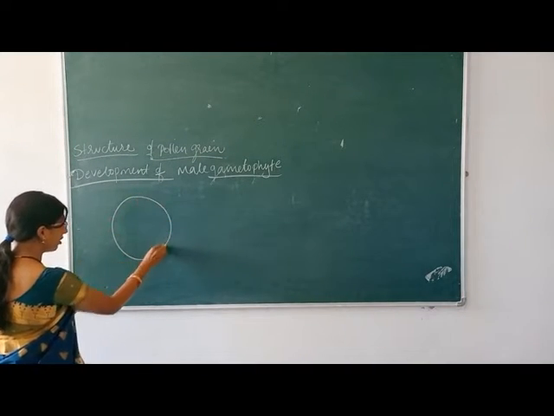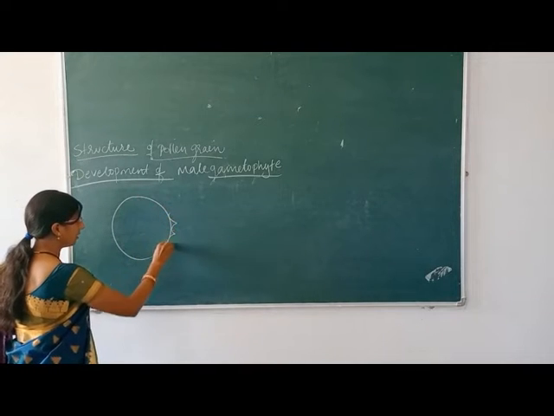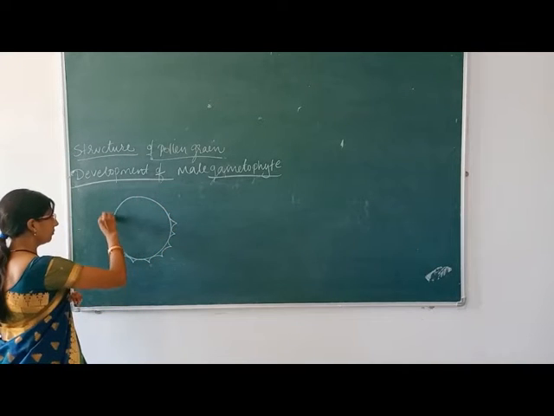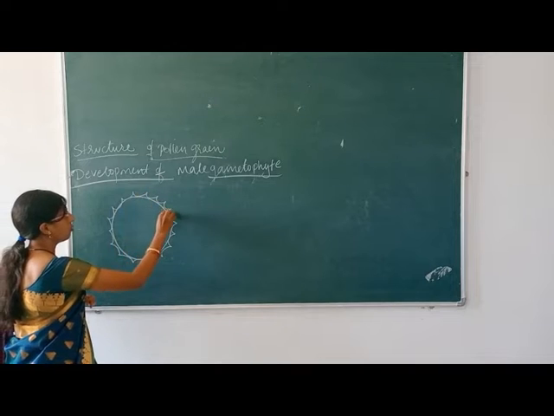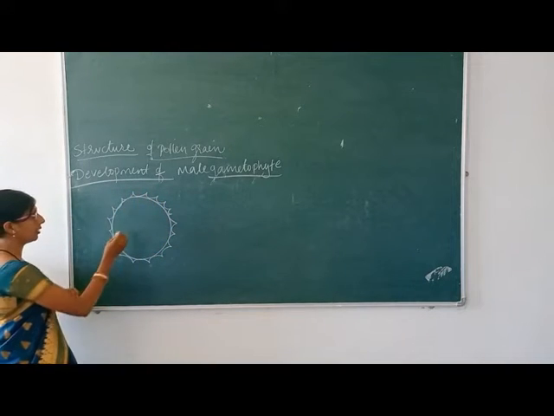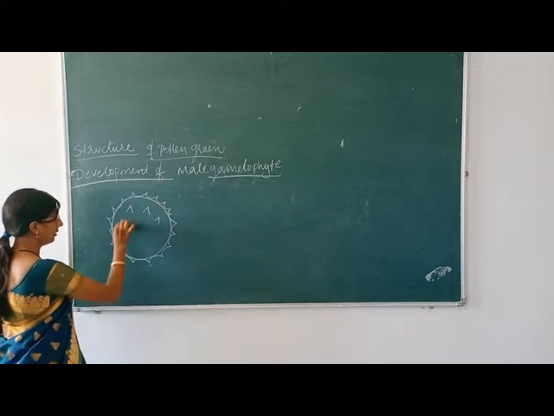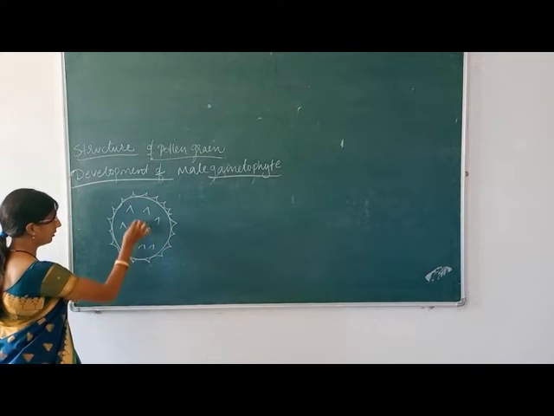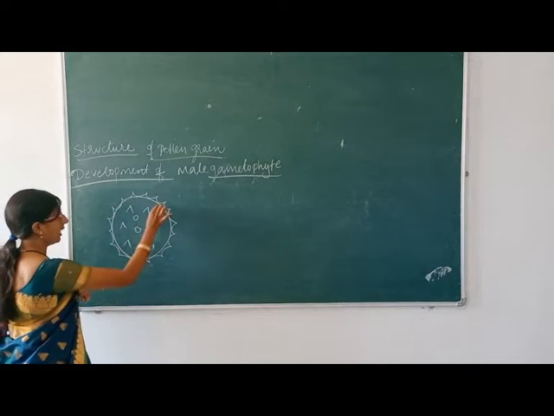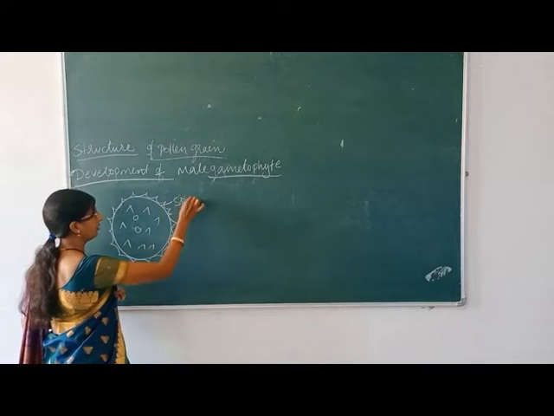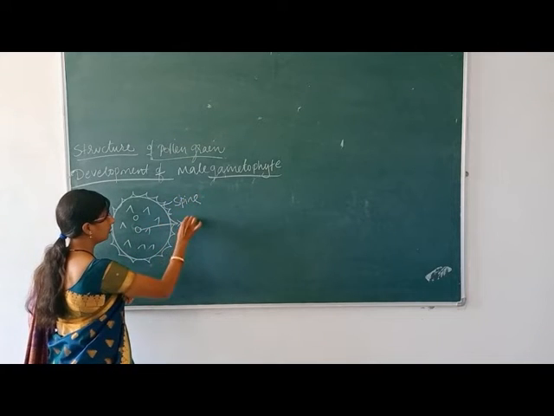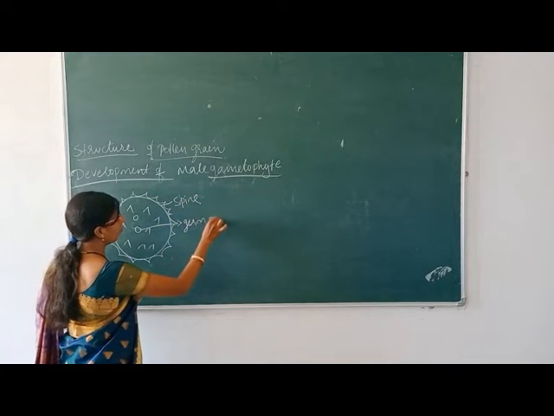This is the external view of the pollen grain. This is a spine and this is a germ pore.